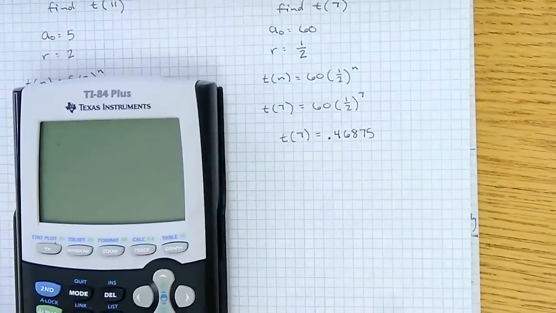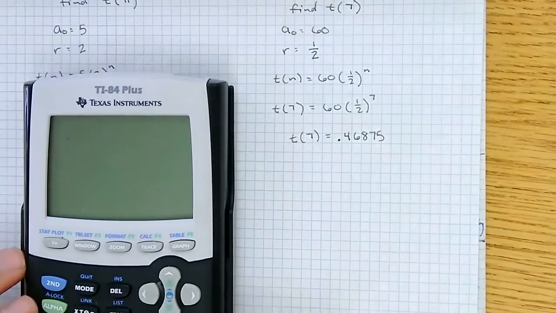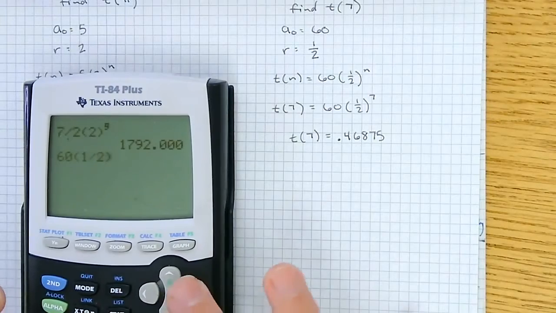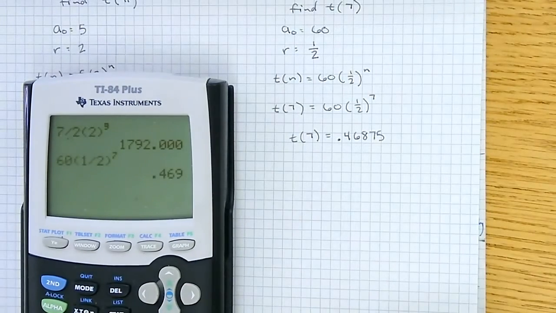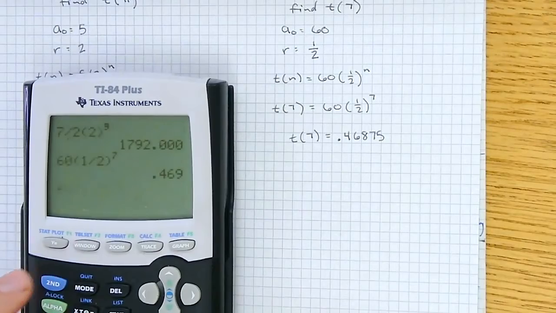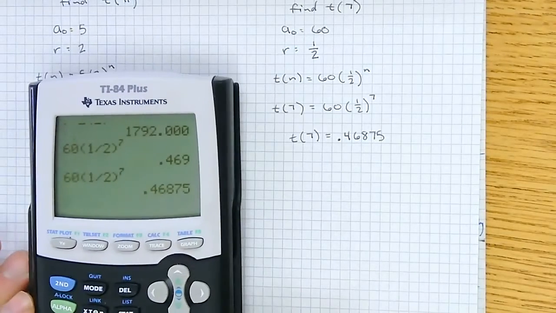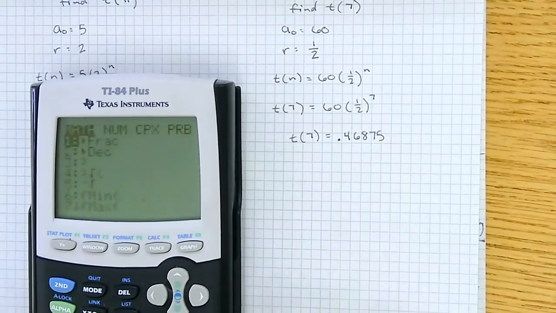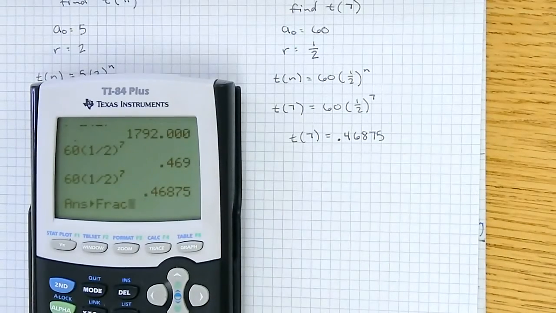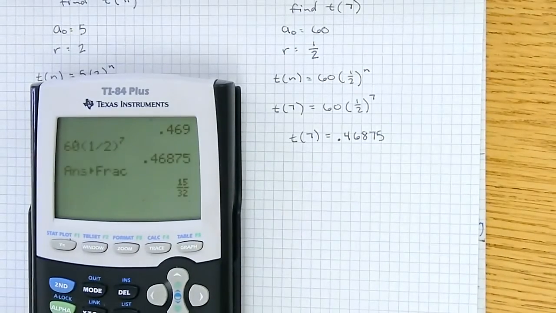If you had one of these big fancy calculators and you wanted to do that, there is a cool feature if you go to math and you go to fraction, it just takes the answer it gave you and turns it into a fraction.